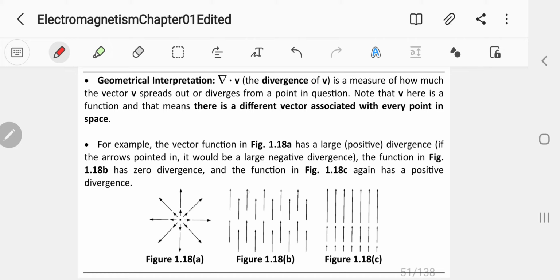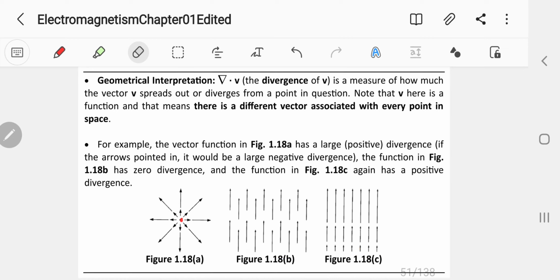There are also other representations of divergence. So say for example you have a source, say a very long line of charge, then the divergence would be going in that direction. So this one is like a point charge, or it could be this one.